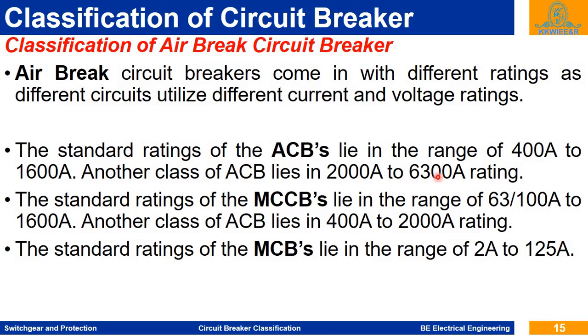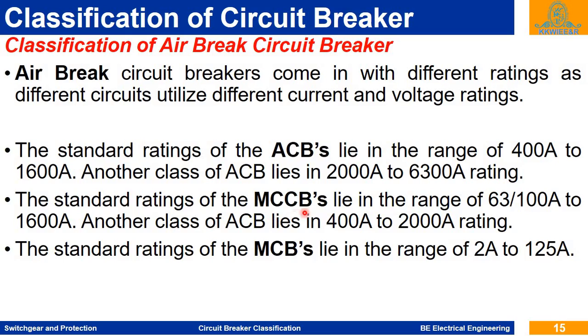So this is the rated current of the air circuit breaker, and they are available in 3-pole or 4-pole. So air circuit breaker, 400 ampere to 6300 ampere, panel mounted, fixed type or draw out type. They are used for low voltage.